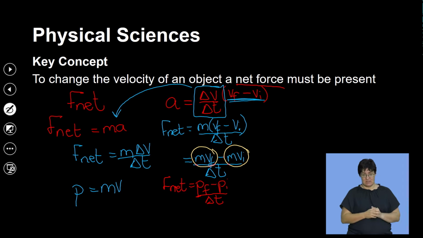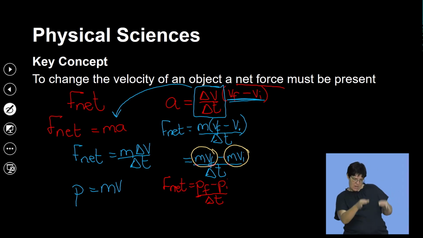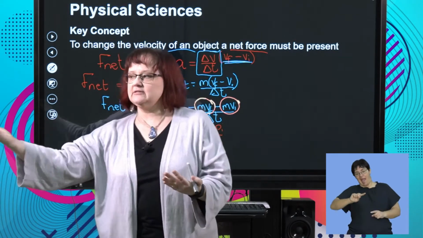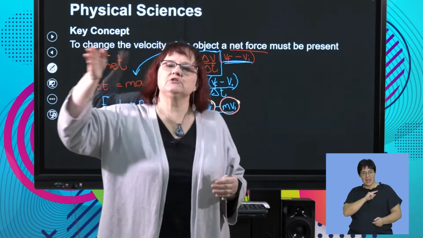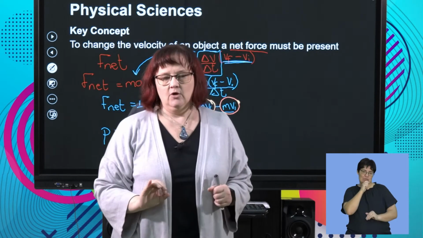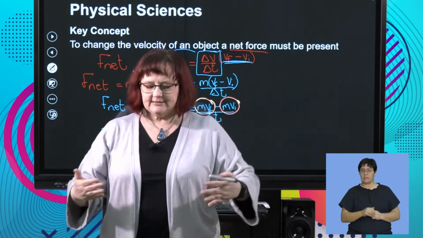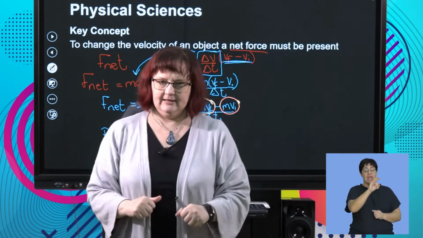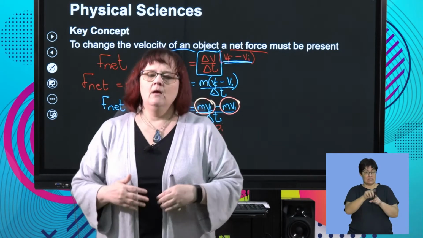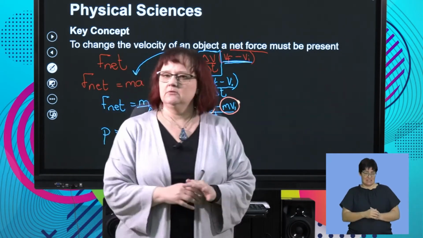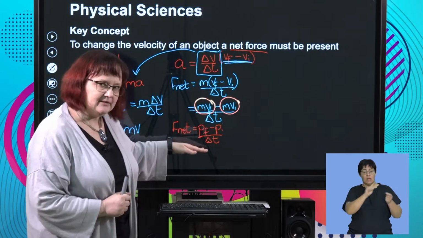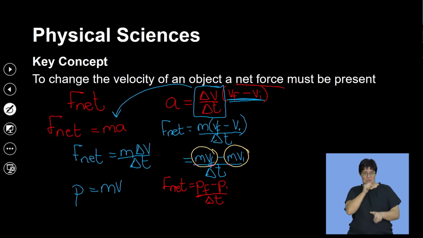We've taken an equation that you knew and we've manipulated it to get something else that we can use in a different context. Okay, so yes, F net equals ma is useful, but sometimes this change in momentum is actually more useful. It depends on the information we're given.